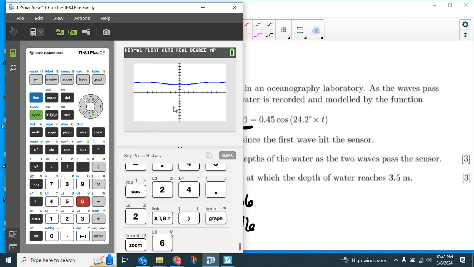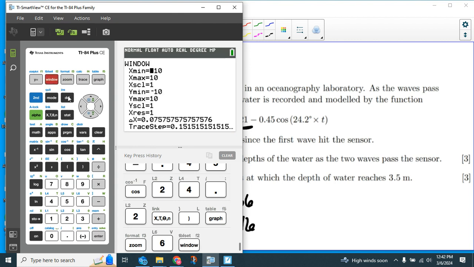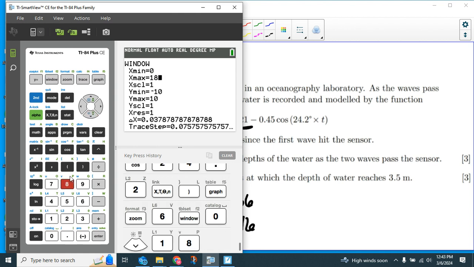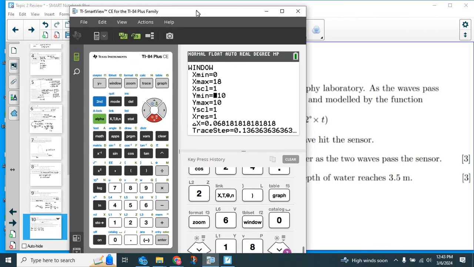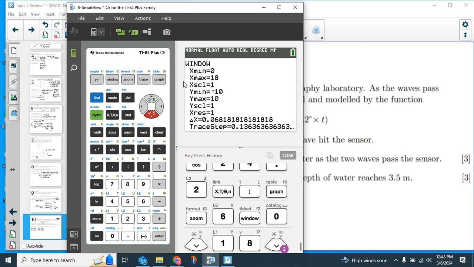All right. So here, of course, we don't care about negatives. So I will do maybe 0 to 18 would be fine for my x's. Again, you may have to play with this. My y's, I know that my middle is 3.21.